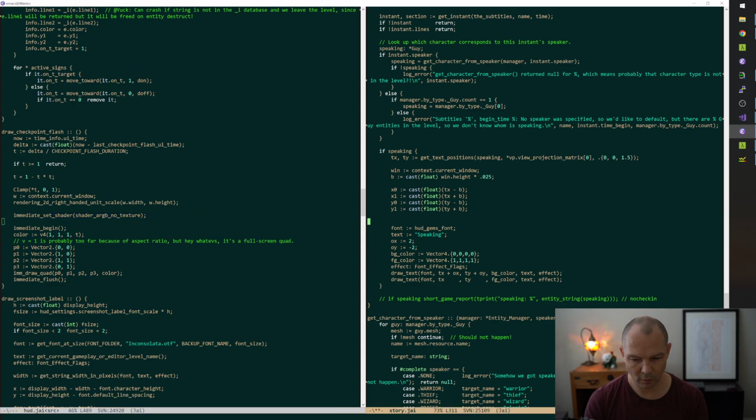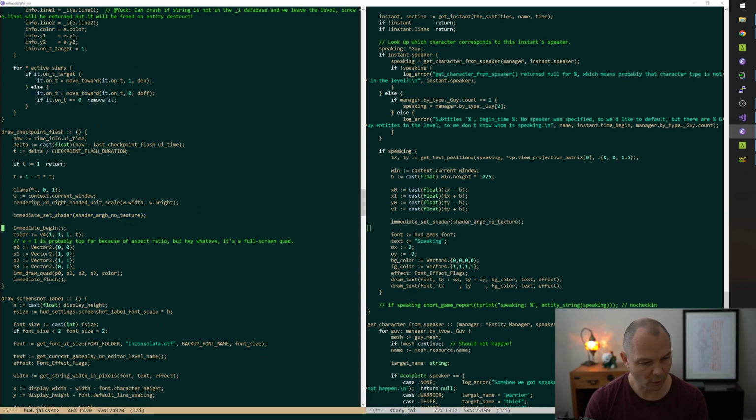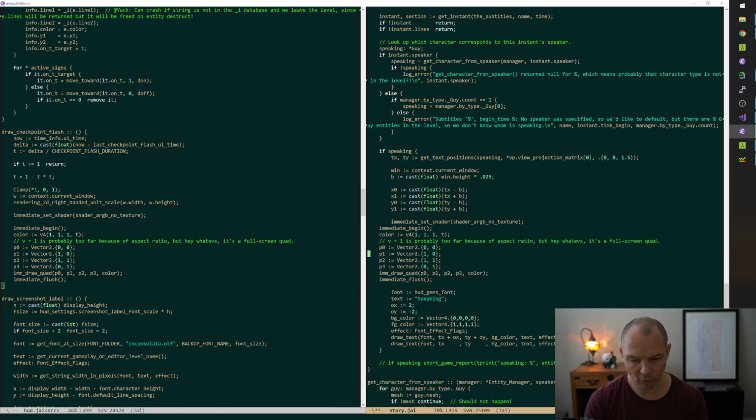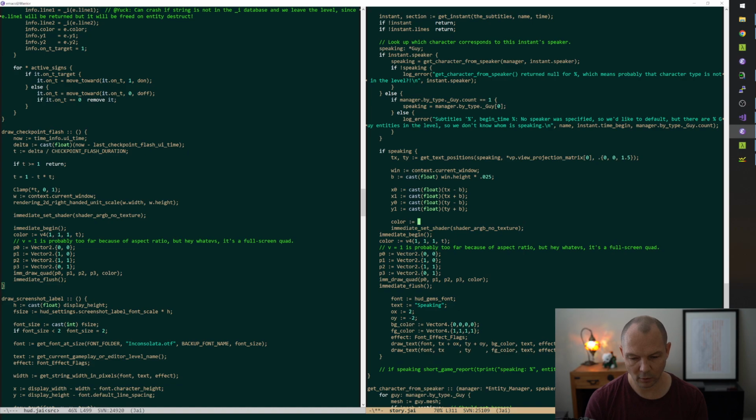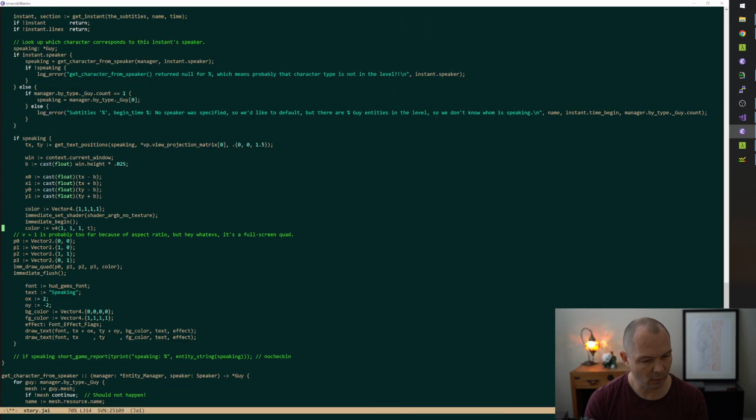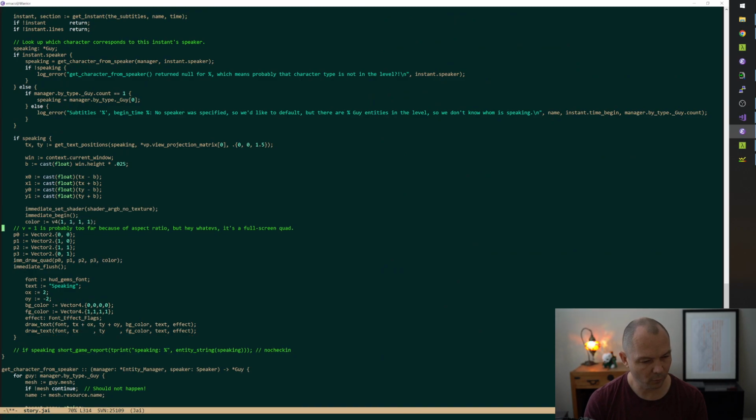We're going to say no texture yet. We're going to say color is vector 4, 1, 1, 1, 1. We're going to begin. Oh, you know what? We'll do that.